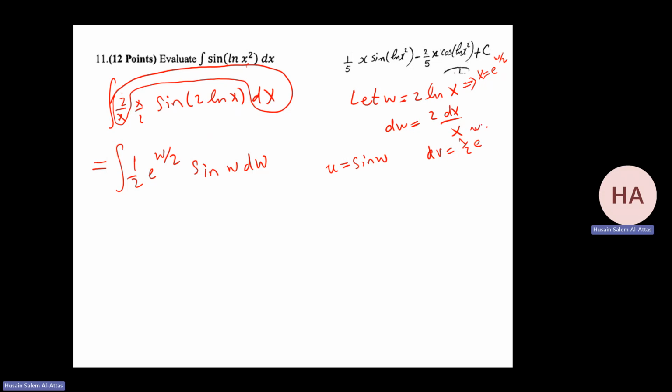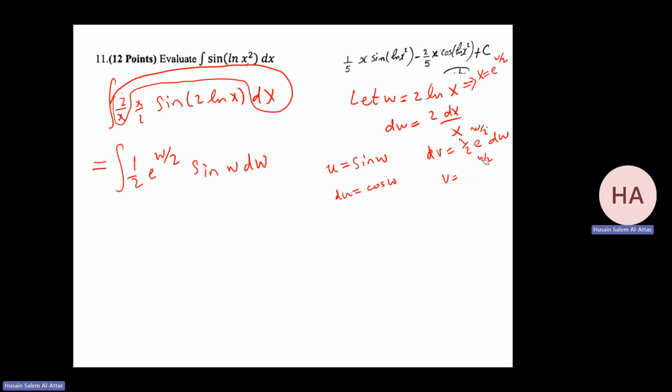W over 2 dW. So du will be cosine W, and V will be what? No, 2.